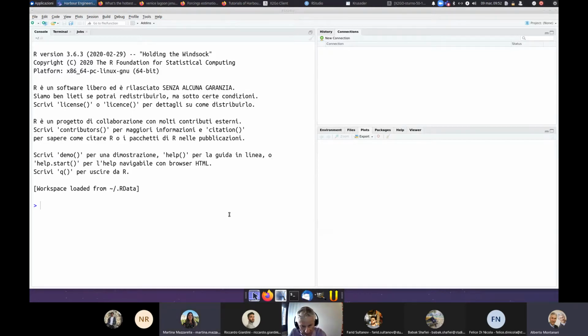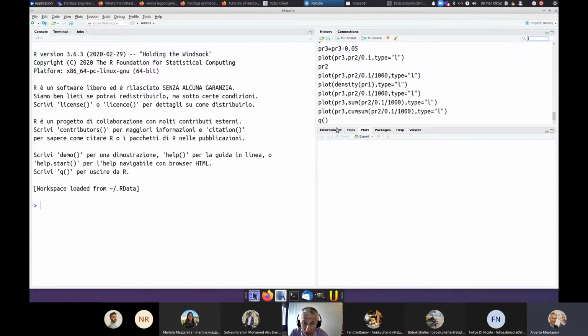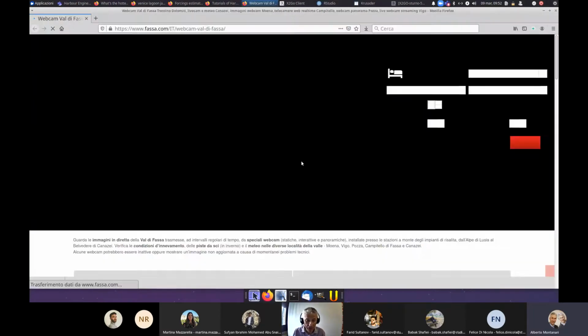What is the command to clear the history in RStudio? I think what I did is just switch the upper right window on connection, because there is a way to clean the history. I don't know if there is a possibility to clean it, and we should check. It is a good question. Let's make a check.